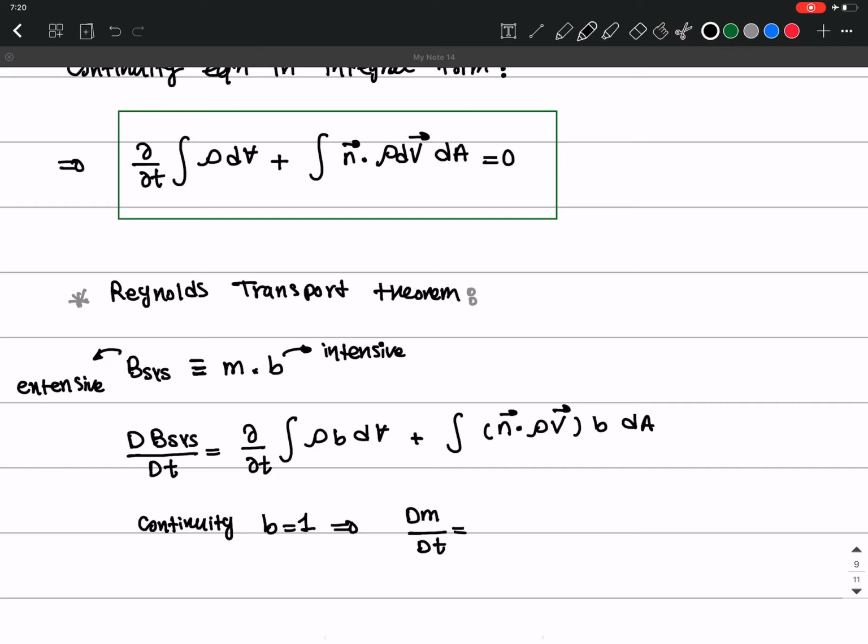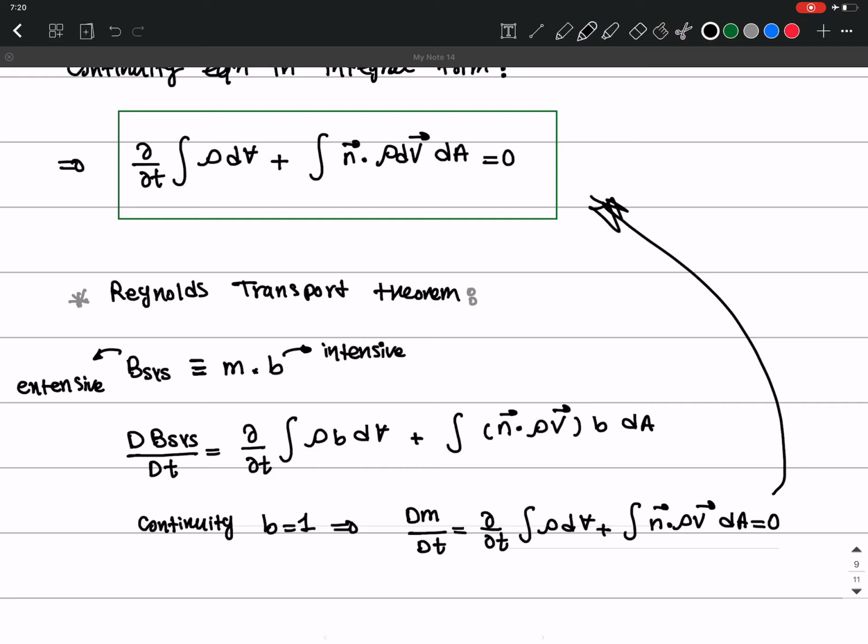This is the material derivative of mass with respect to time. It's going to be partial over partial t of the integral of rho, b is 1, so I just have dV, plus the integral of n dot rho v, and b again is 1, dA equals to 0. This is actually what I got here. If you look at it, it's the same.